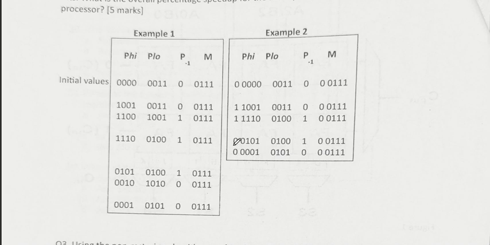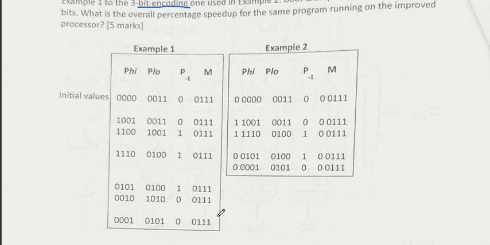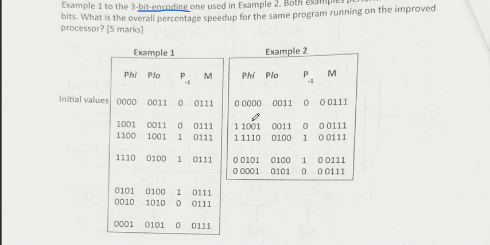You realize that the number of cycles needed, apart from the initial cycles which both of them have, is 1, 2, 3, and 4 for the 2-bit Booth encoding, whereas the number of cycles needed is 1, 2 for the 3-bit Booth encoding.